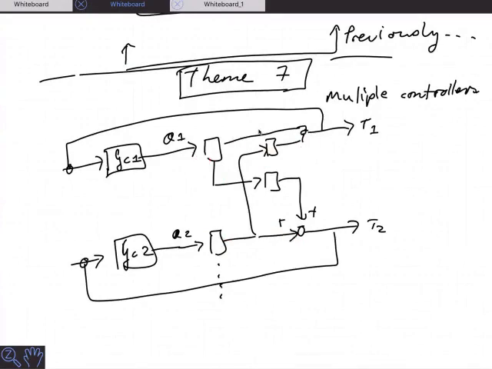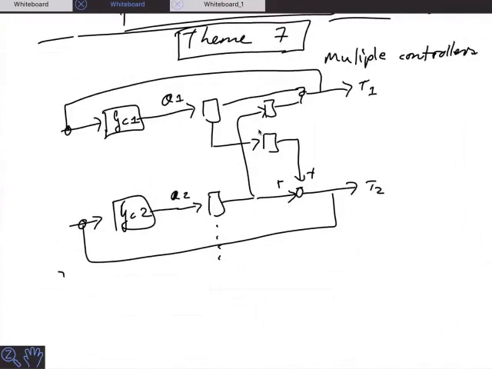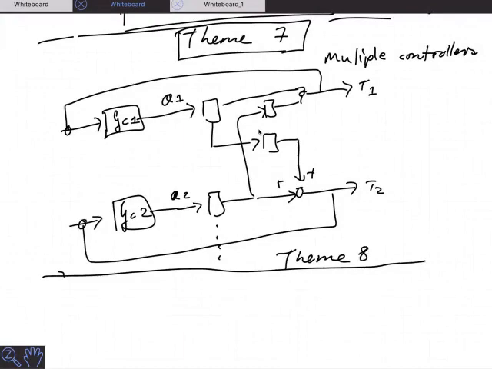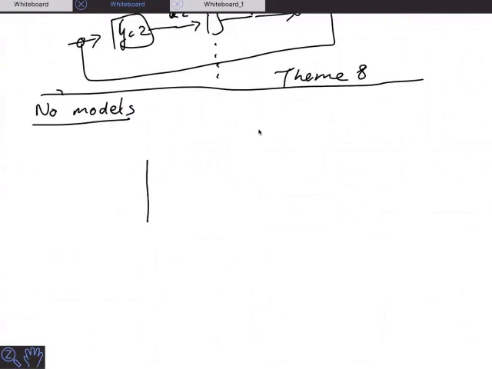But something else happens in theme 8. In theme 8, we have no models, right? In theme 8, we just have diagrams.